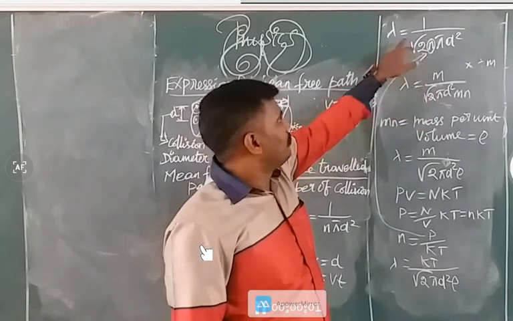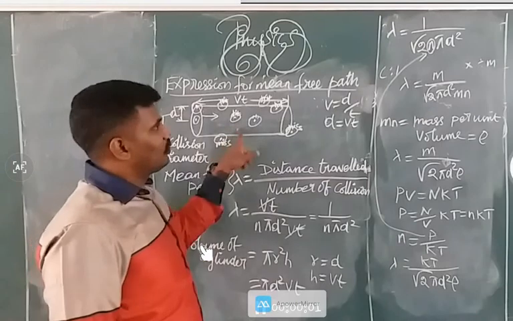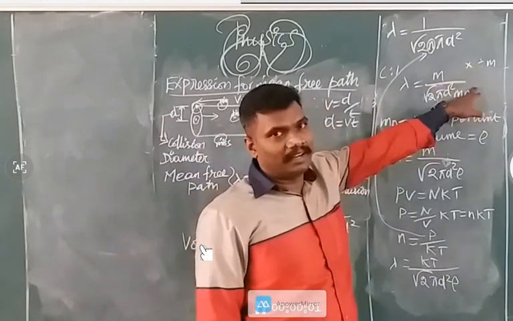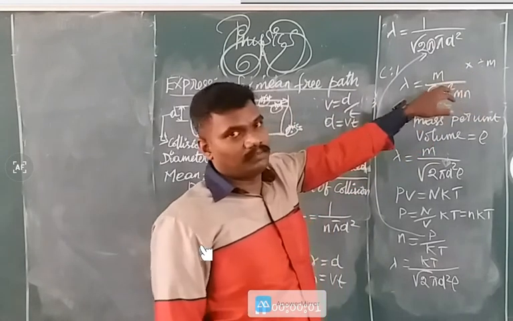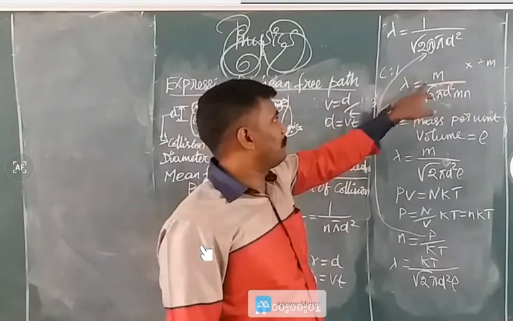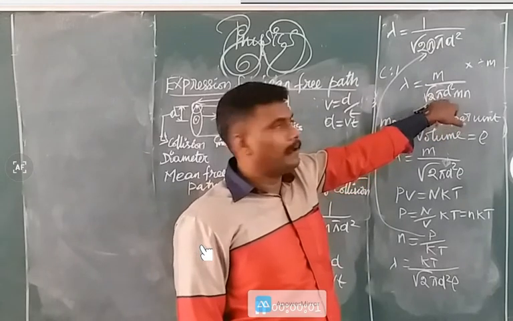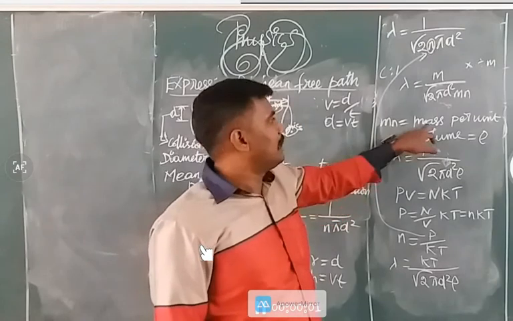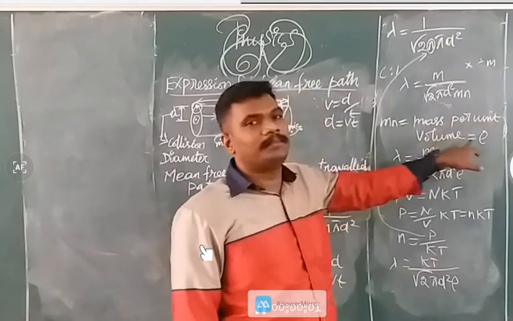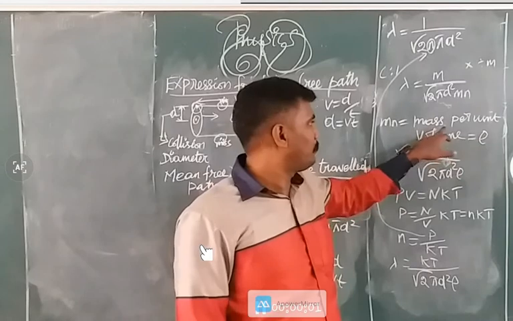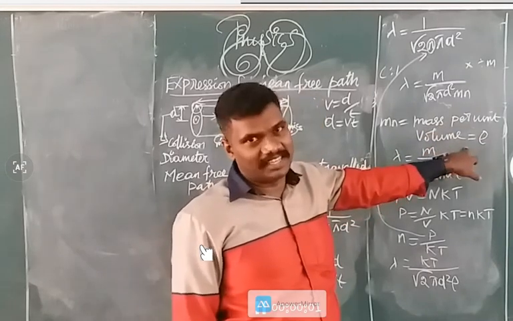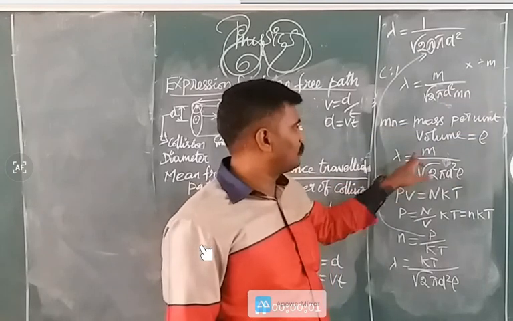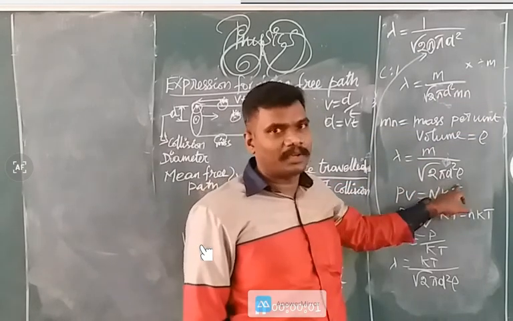Now we calculate the density by multiplying and dividing by mass m. So lambda is equal to m divided by root 2 into pi d square mn. Here mn is the mass per unit volume, which is nothing but density rho. So mn can be replaced as rho, and lambda is equal to m divided by root 2 into pi d square into rho.